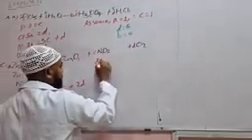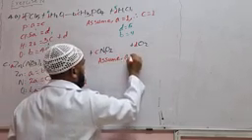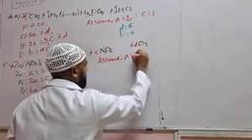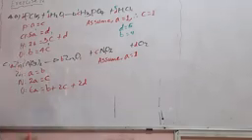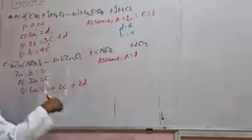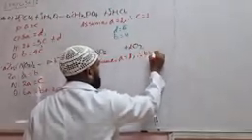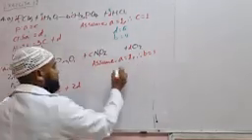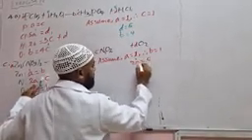Assuming A is 1, all the other values will be calculated in terms of A. If A is 1, then B is also 1, because A is equal to B. And 2A is equal to C, which means A is 1.